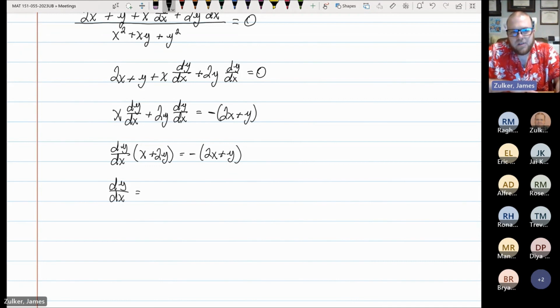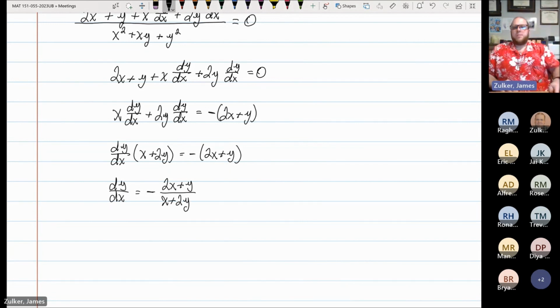And now divide by what dy dx is being multiplied by. Dy dx would be negative 2x plus y over x plus 2y.